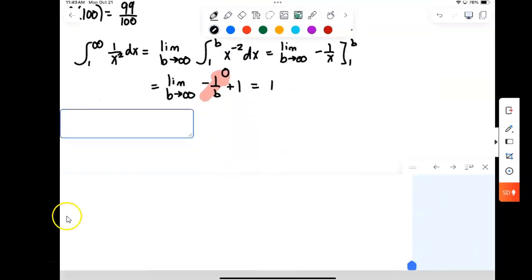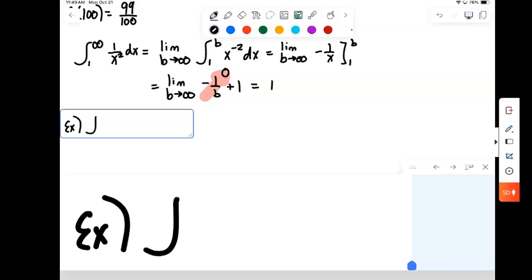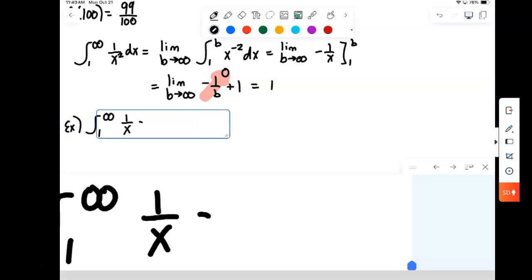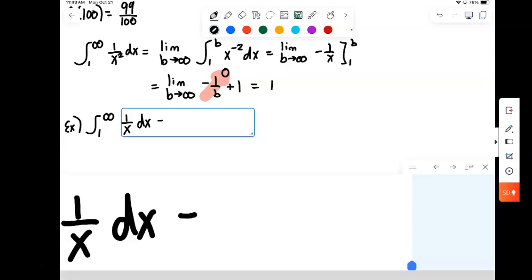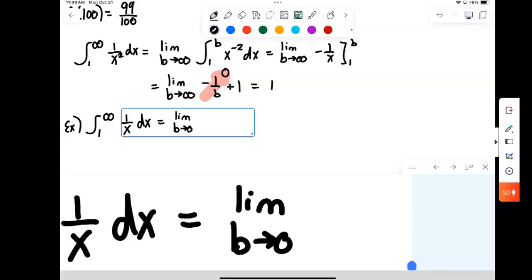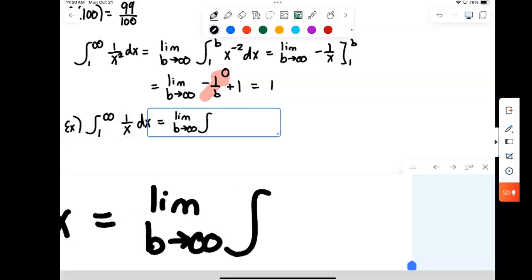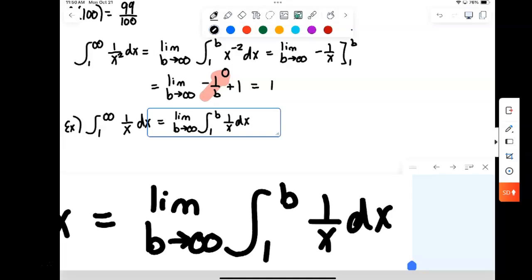Let's contrast that with our second example. Let's do the integral from 1 to infinity of 1 over x dx. Again, we would say that that's the limit as b goes to infinity of the integral from 1 to b of 1 over x dx.